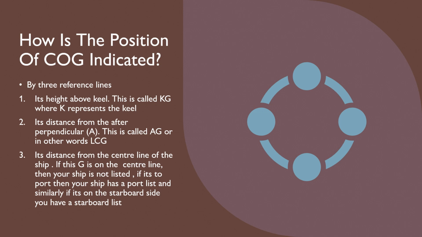But if it's on your port side or starboard side, then your vessel is going to be listing. So in essence, you have three references for getting this position of G. You have KG, which is from the keel, then you have the longitudinal center of gravity, and then you have a reference from your center line.